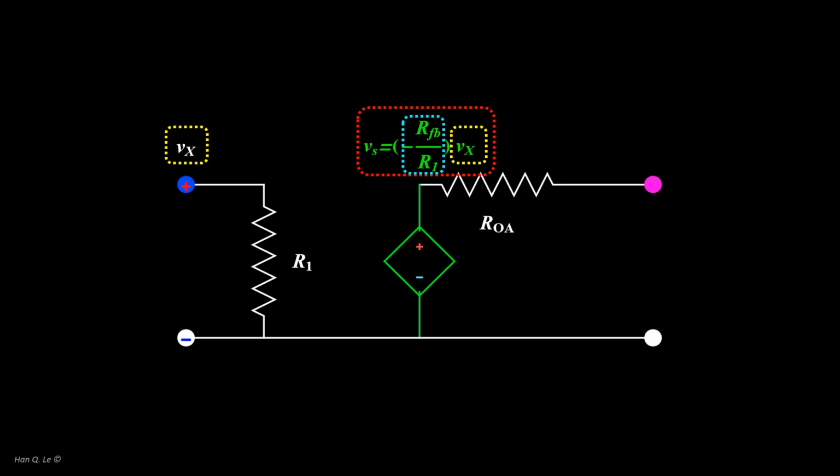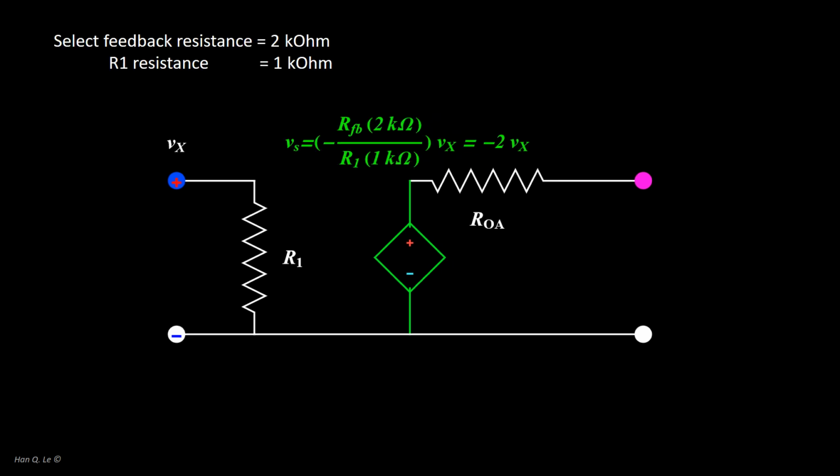This model is quite remarkable in simplicity, given the complexity of the op-amp and the negative feedback. However, using the car analogy, a car technology can be very complex, but to the user, it is more relevant to test its performance. Let's choose feedback resistance to be 2 kΩ, and input resistance R1 1 kΩ.